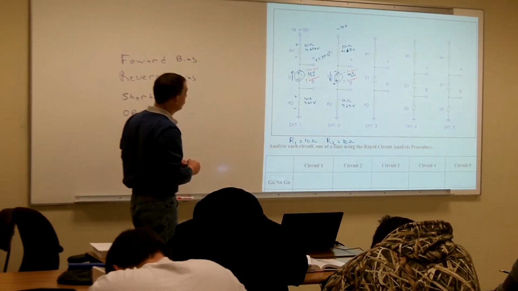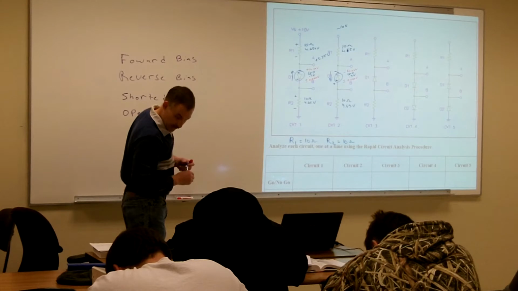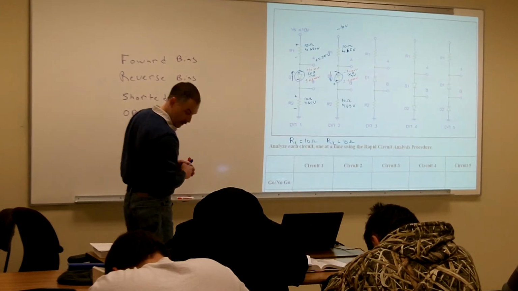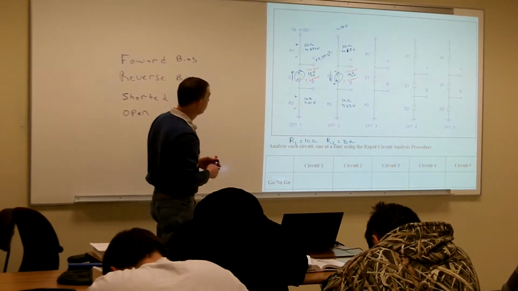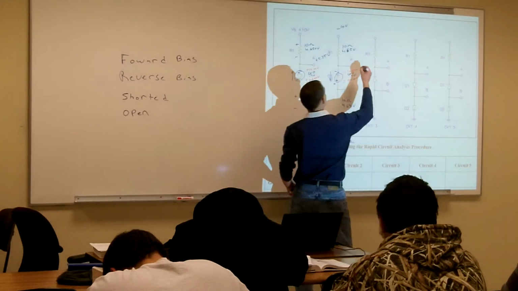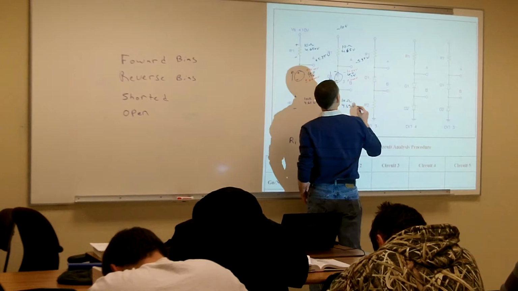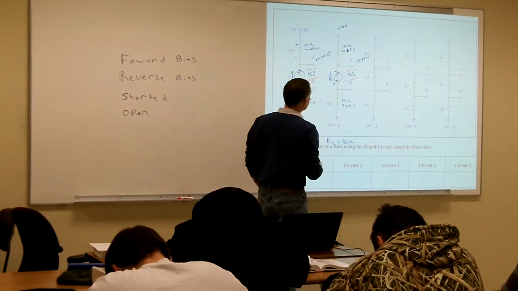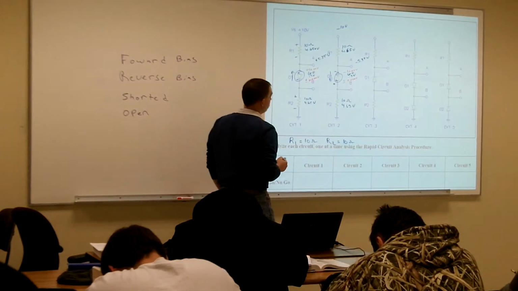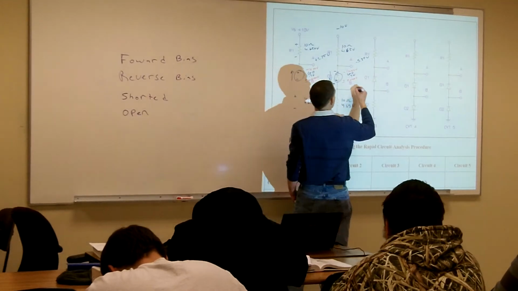Okay, my voltage at test point A is going to be what? Negative 5.35 volts. Right, this time it's going to be negative. And then test point B, negative 4.65.